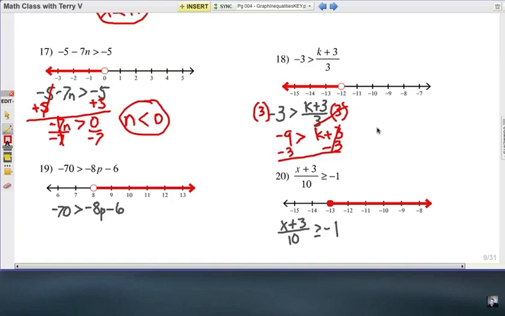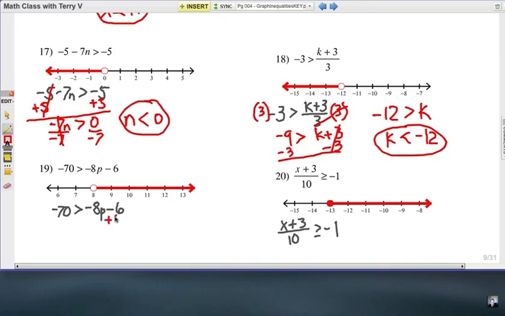So we get negative 12 is greater than k. But we have to flip it around and write it as k less than negative 12. And that's what your graph would look like. White dot on the negative 12.